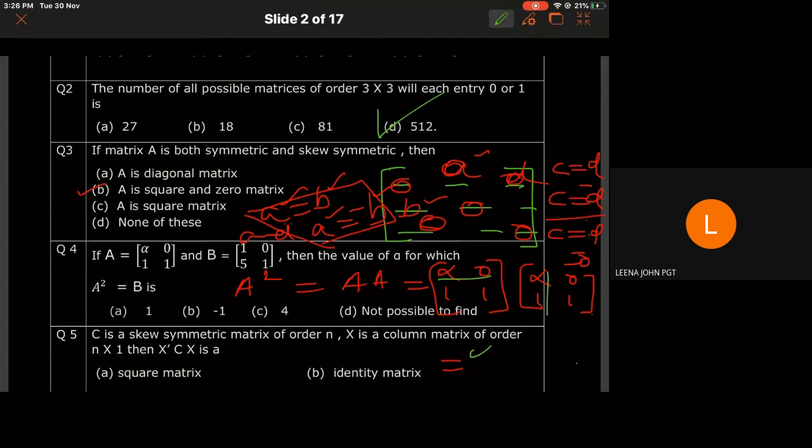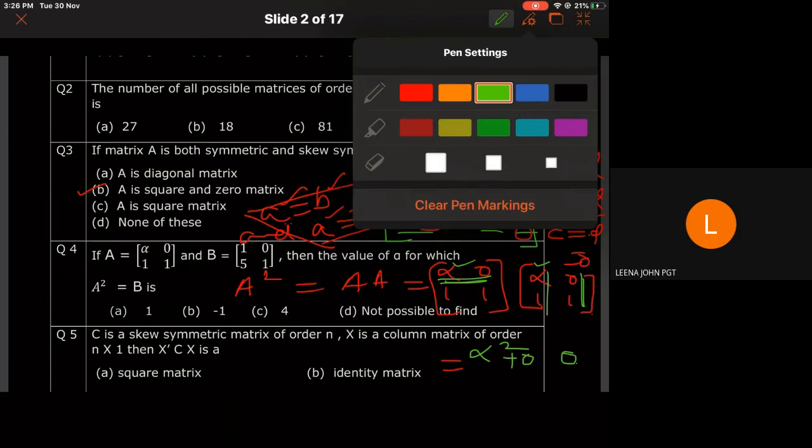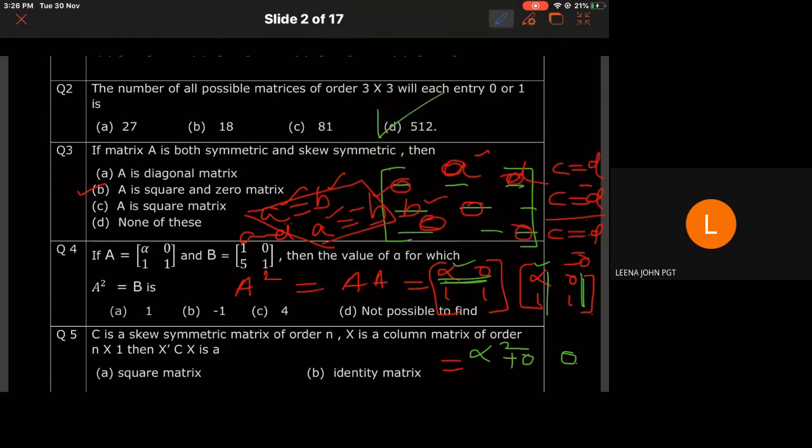That means alpha into alpha, alpha square, plus 0 into 1, that is 0 only. Again the first row you multiply with the second column. So alpha into 0, 0, plus 0 into 1, 0. Now next we consider the second row. Second row you multiply with the first column.